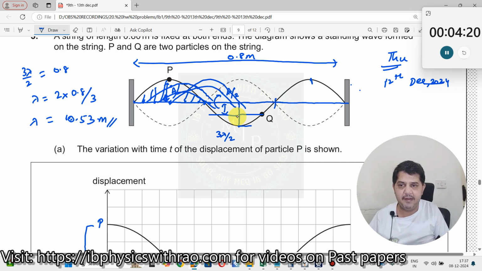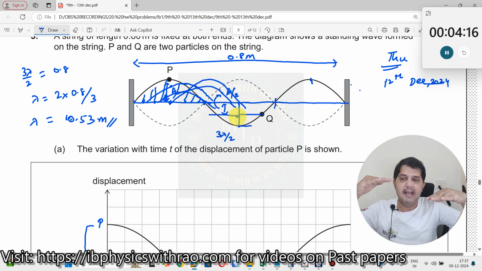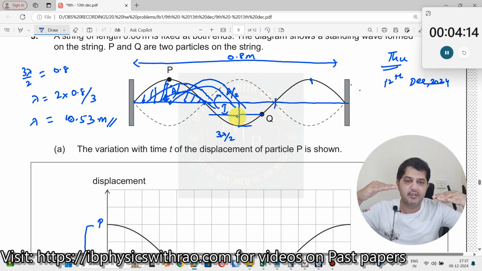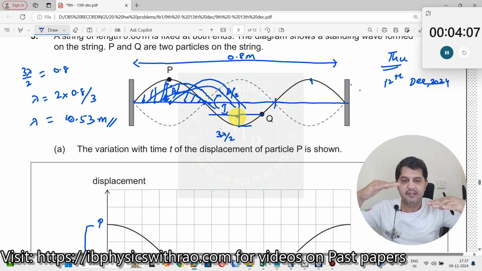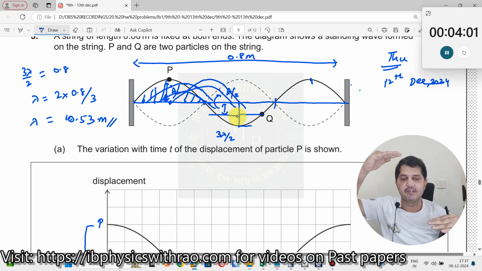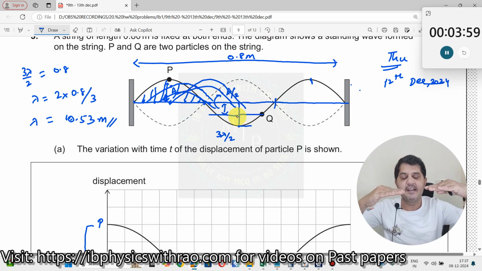In a stationary wave, every particle that is present here will jump equally, and the particles which are adjacent to the next node will jump equally downwards. When this comes upwards, this also will come downwards over here, right? So it happens like this. It swings like this. It goes upwards, it comes down like this. So it goes upwards, this goes downwards, and both of them are equal.